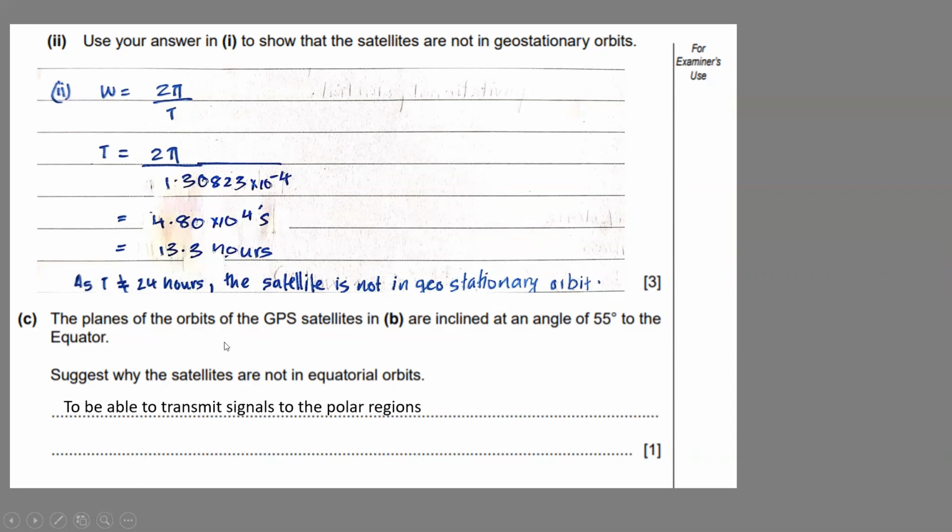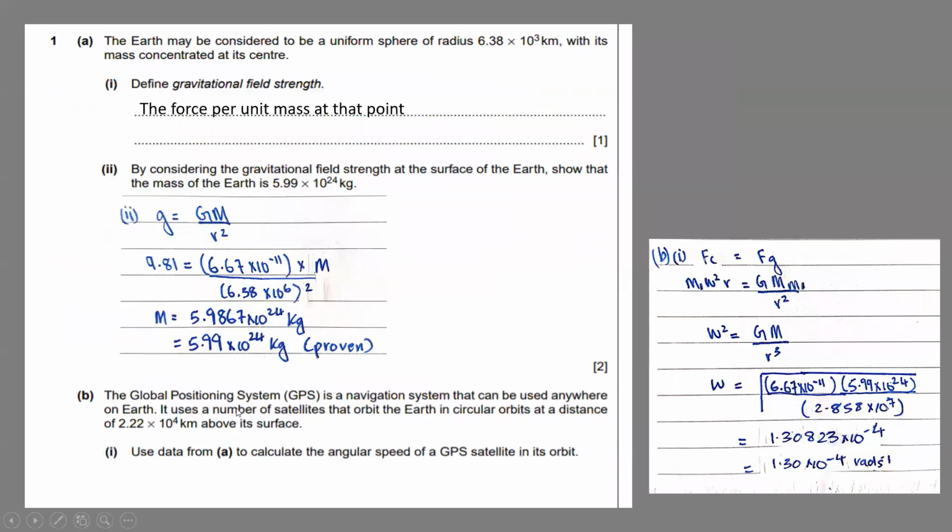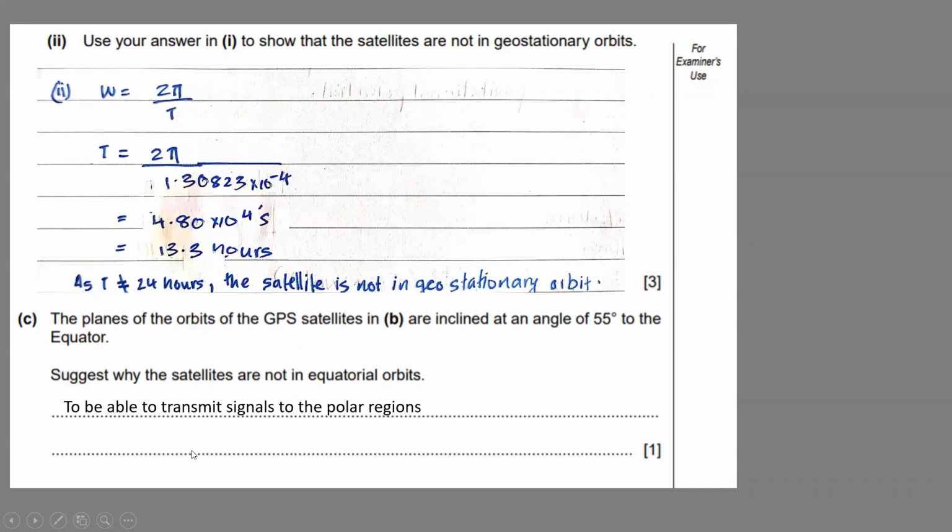Okay, the next question is about planes. The planes of the orbits of the satellites in B are inclined at an angle of 55 degrees to the equator. Explain why the satellites are not in equatorial orbits. So, as this question mentioned, it's a global positioning system that can be used anywhere on Earth. So using that and some understanding on your own, you can come up with an answer that says to be able to transmit signals to the polar regions.